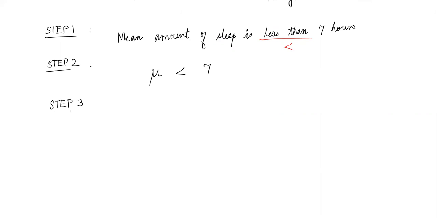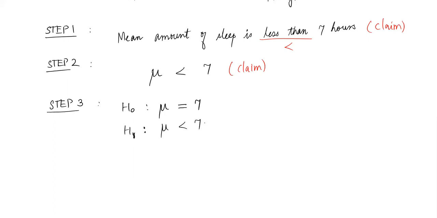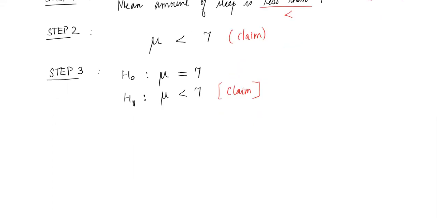Step 3. So quickly, let me write that this is the claim, right? This is the claim in words and then in symbol. And your H0 is always mu equals 7, right? So H1 then would be the claim with the inequality. And again, directly note that this is your claim. We're going to need this when we do the decision.